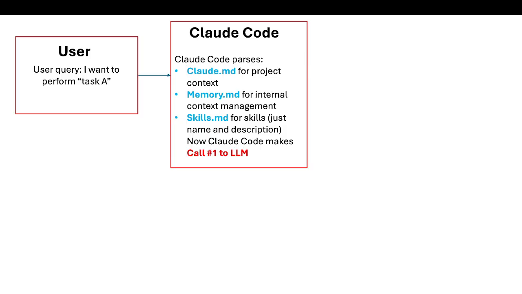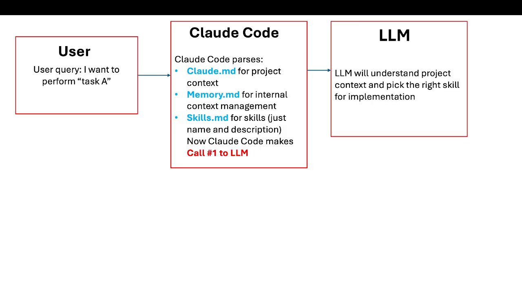And then when the first call to the LLM is made, it's not passing the entire skill body inside of it. It is only passing the name and description. So that the LLM now has the understanding of the project context, has now an understanding of the internal memory management context, as well as the skill capabilities of your application.